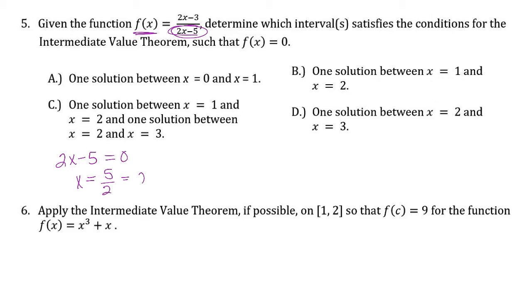And let's see, that's going to occur at 2.5. So we need to know that we have a vertical asymptote here. So that's going to mean that my function is not continuous. Asymptote. I can't spell today, folks. Asymptote. There we go. We need to know that we're not continuous at 2.5.